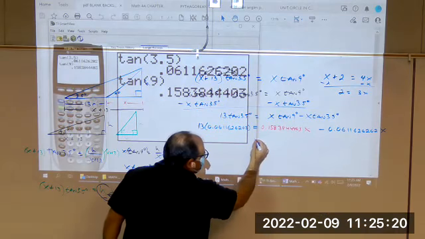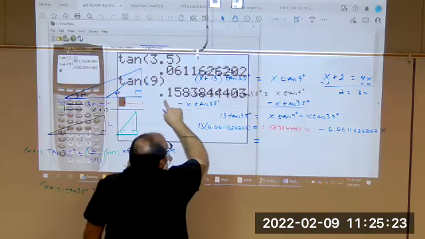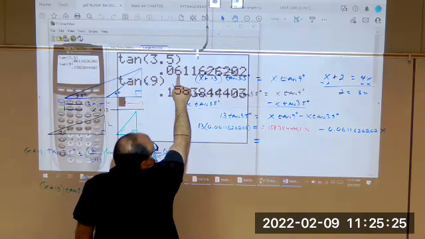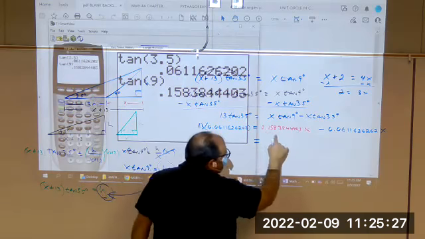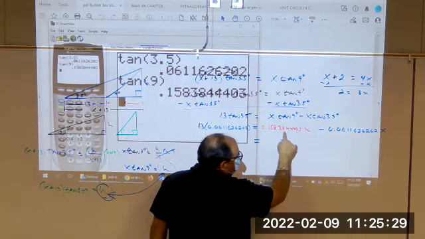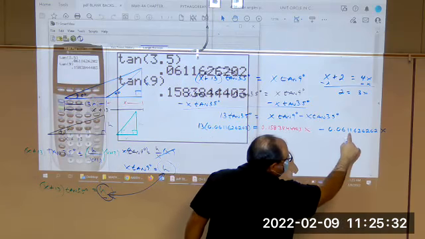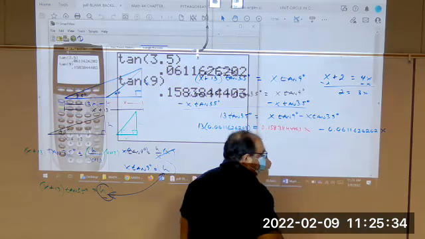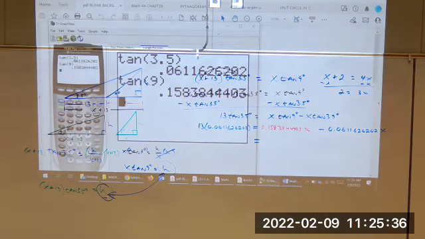Since I already have this in the calculator right here, this decimal minus the last decimal, basically 0.15838 minus 0.06116 x's. Basically, it's the tangent of 9 minus the tangent of 3.5. So I'm just going to go the last answer minus the tangent of 3.5, and I don't have to do a lot of actually typing in the decimals.